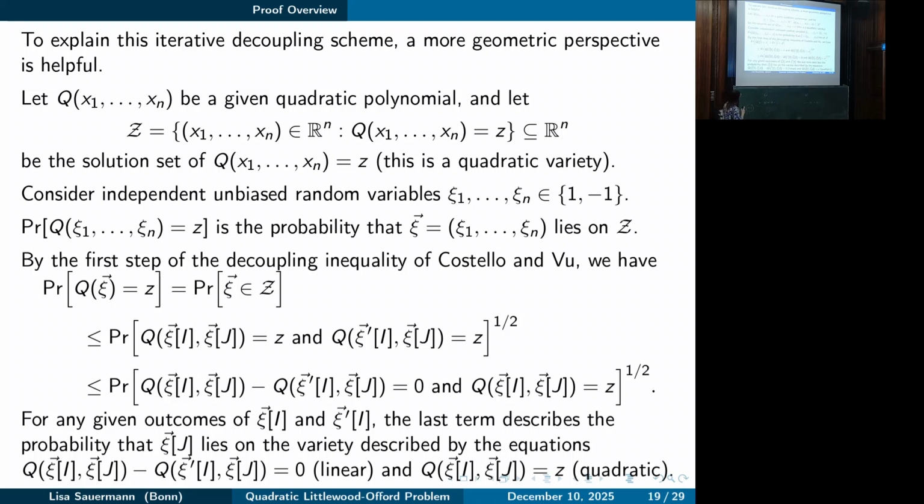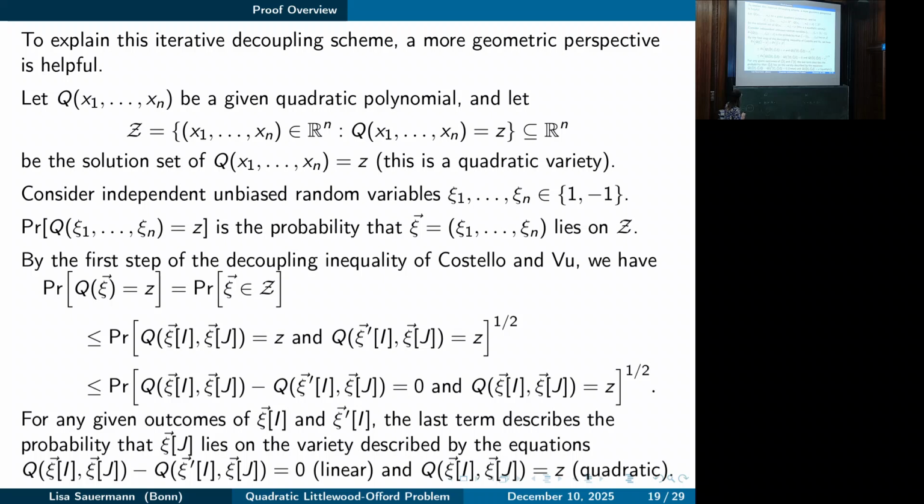So let's analyze what this means here. Again, if we fix psi I and psi prime I, so those you should consider as fixed, and now just look at this problem in psi j. So now psi j is the random vector, and let's look at the variety described by these two equations.